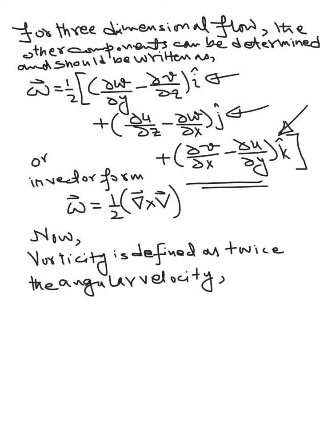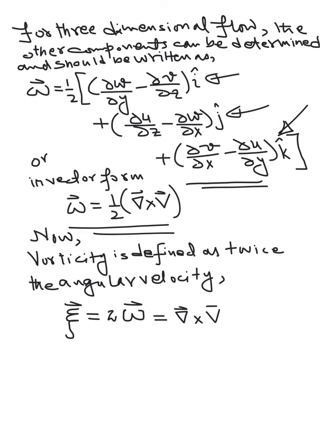Finally, in the vector form, the angular velocity omega can be expressed like this equation, and after that I can define the vorticity, which is twice my angular velocity. I indicate vorticity with the symbol xi, and make it twice omega. So this is the vorticity of the flow field.